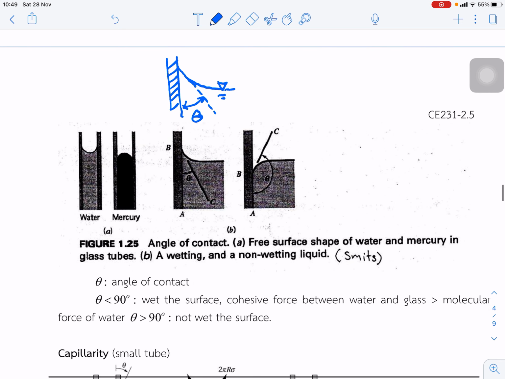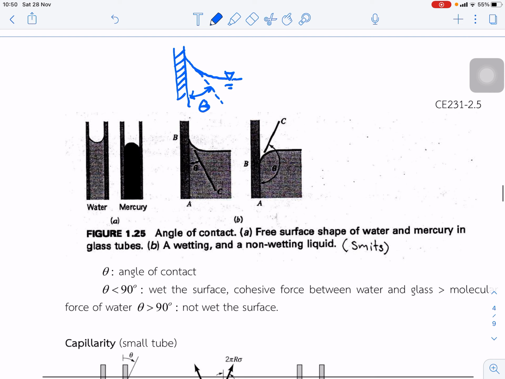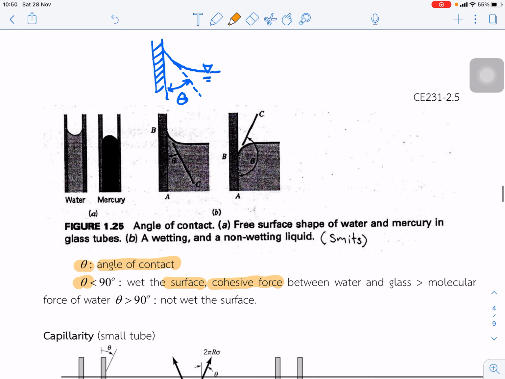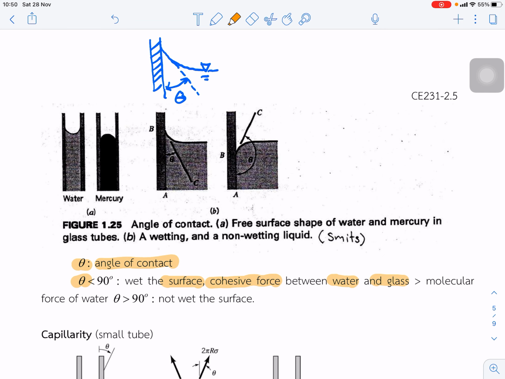So this is a contact angle between the fluid and container. Theta we call the angle of contact. If the angle of contact is less than 90, it means it wets the surface, or the cohesive force between water and, for example, glass is higher than the molecular force of water, and in this case it is water.